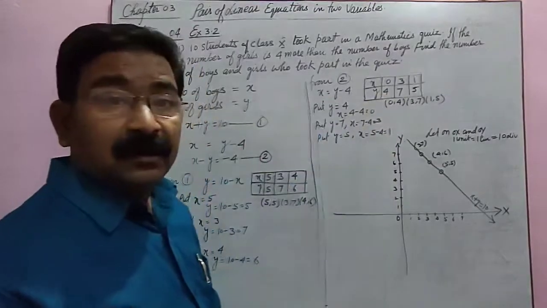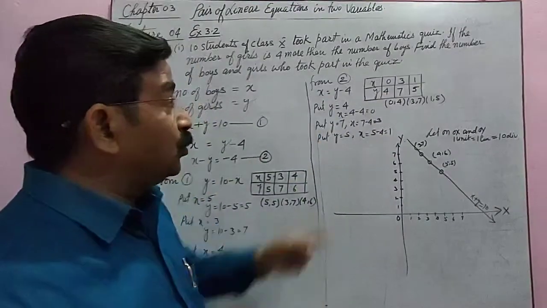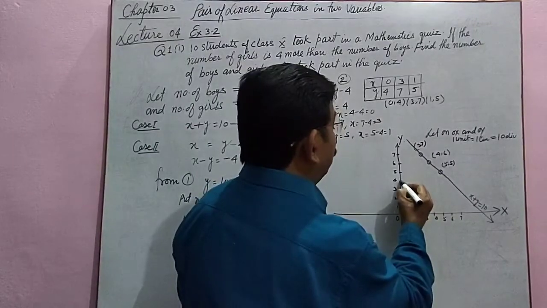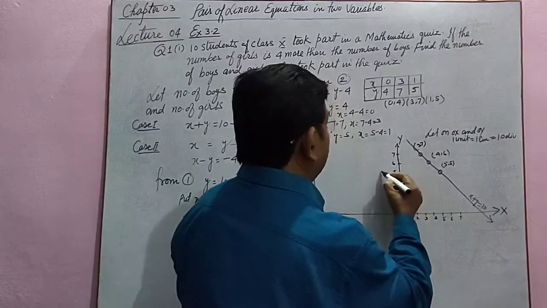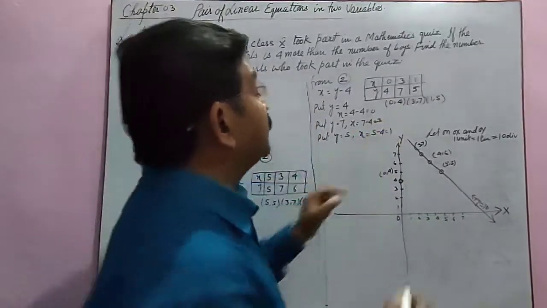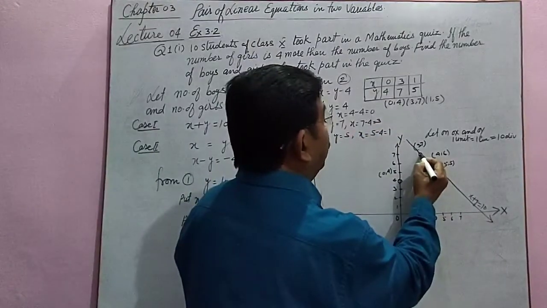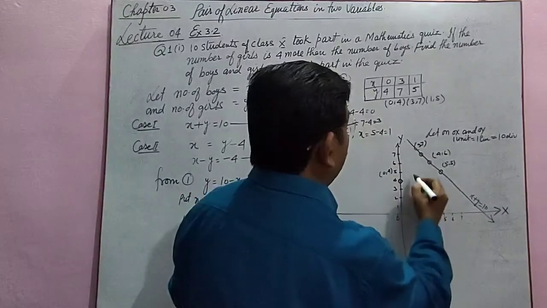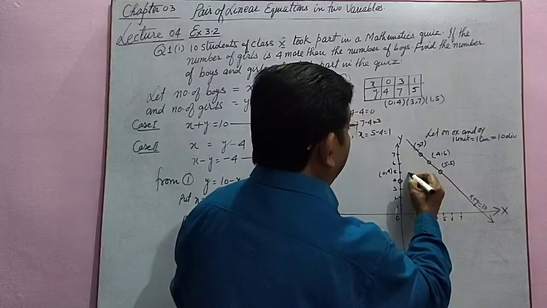Let's plot another graph. X is equal to 0, y is equal to 4. This point (0, 4). Second point, we have (3, 7). Already we have point (3, 7) and (1, 5): x is equal to 1, y is equal to 5. This point.